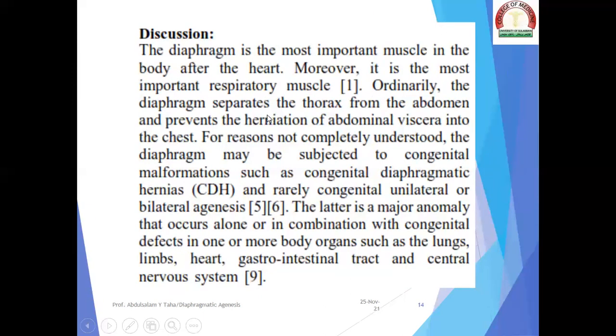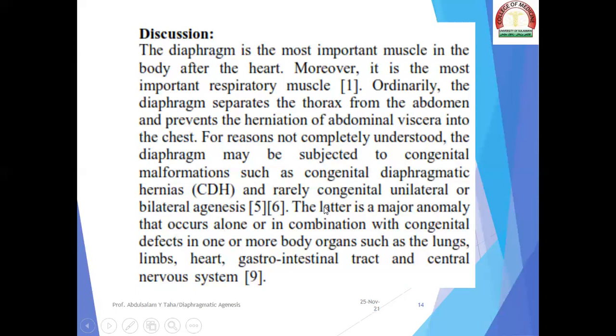Ordinarily, the diaphragm separates the thorax from the abdomen and prevents the herniation of abdominal viscera into the chest. For reasons not completely understood, the diaphragm may be subjected to congenital malformation, such as congenital diaphragmatic hernias, and rarely congenital unilateral or bilateral agenesis.